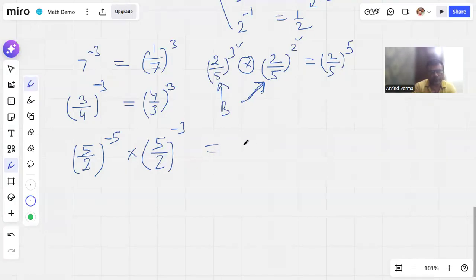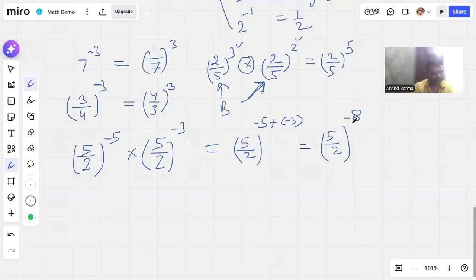So the base will be the same, and we add the powers: minus 5 plus minus 3, so (5/2) raised to the power minus 8.